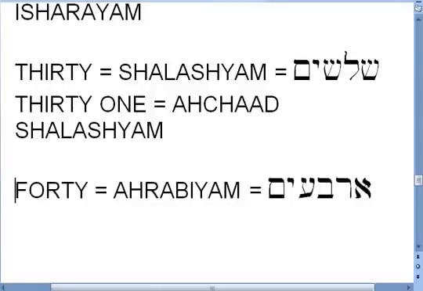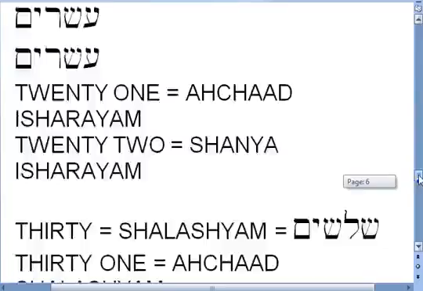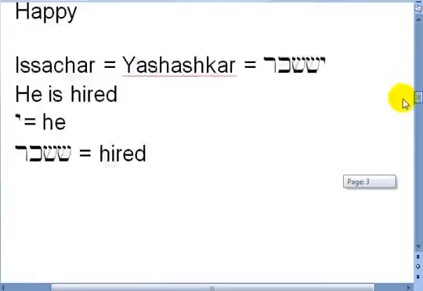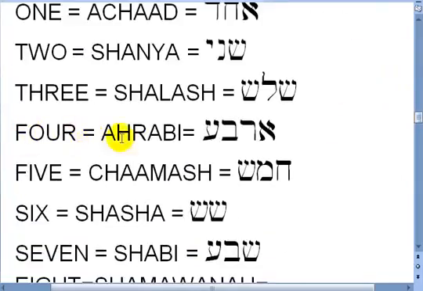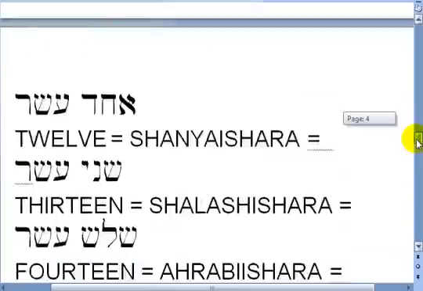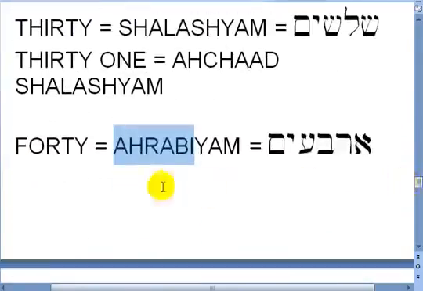Same thing here. See, this is 40. Arabai is number 4. Go back up to the top. Number 4 is what? Arabai. Now what do we have down here for 40?